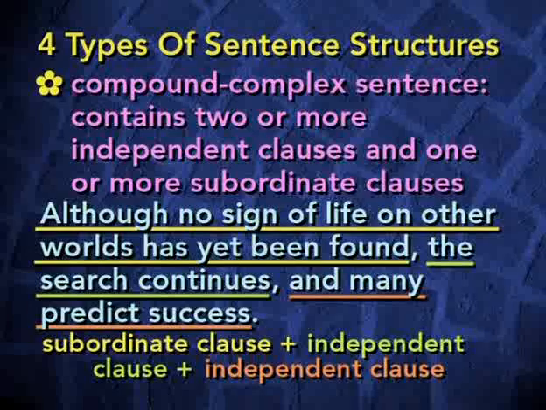Notice that the sentence is not terribly long or terribly complicated to understand. You probably didn't find it very difficult to understand what was being said in the sentence. Nonetheless, this is about as complicated from a grammatical standpoint as a sentence can get. Of the 4 types of sentences, the compound complex sentence is the most complicated type.